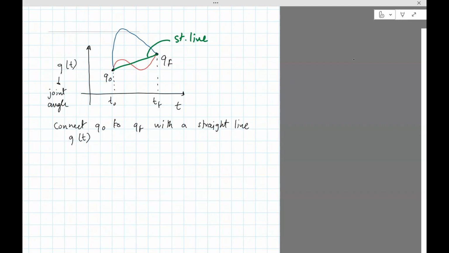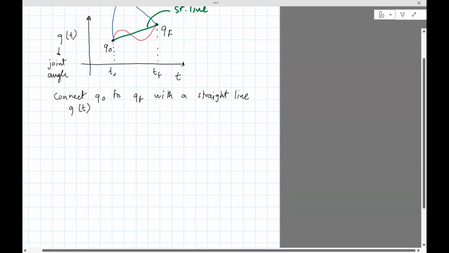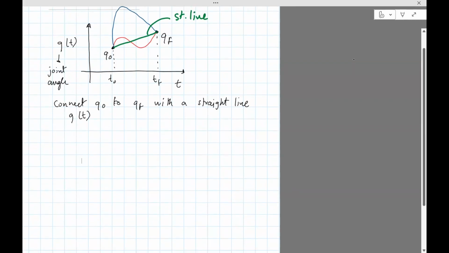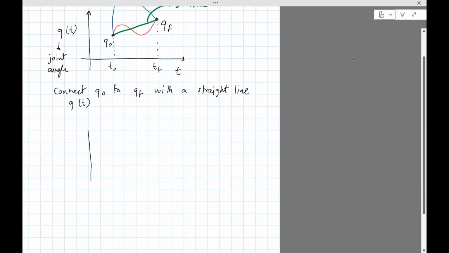Now, this is probably very simple, but I'll derive this, and then we'll rationalize why joining by a straight line is not a good idea, and why we want to do more complex things. So let's start with this and then move on. Okay, so here we are trying to connect it with straight lines. I'll redraw this figure.